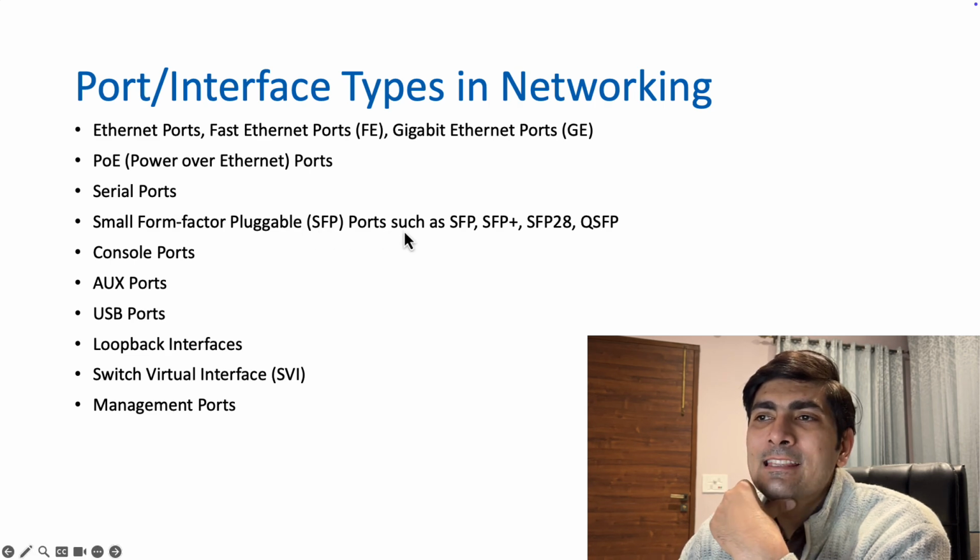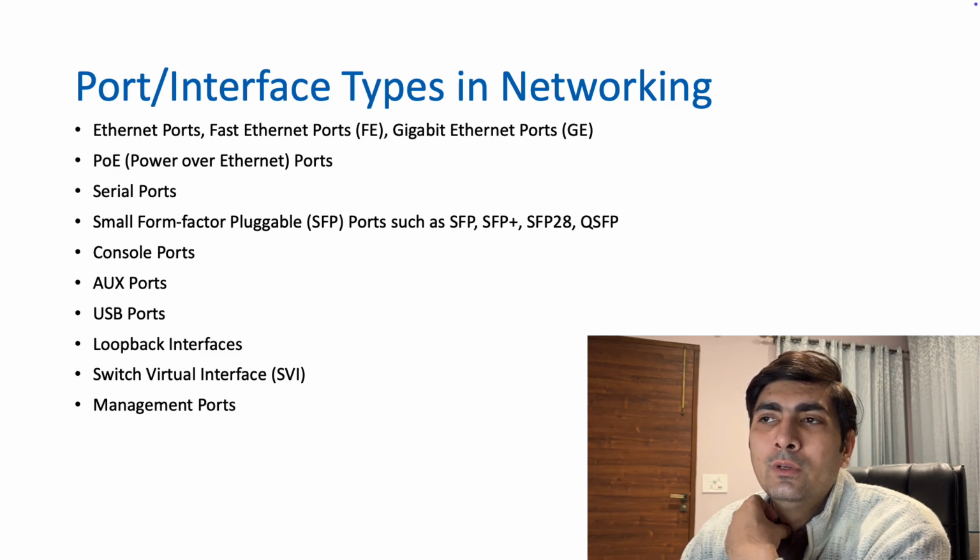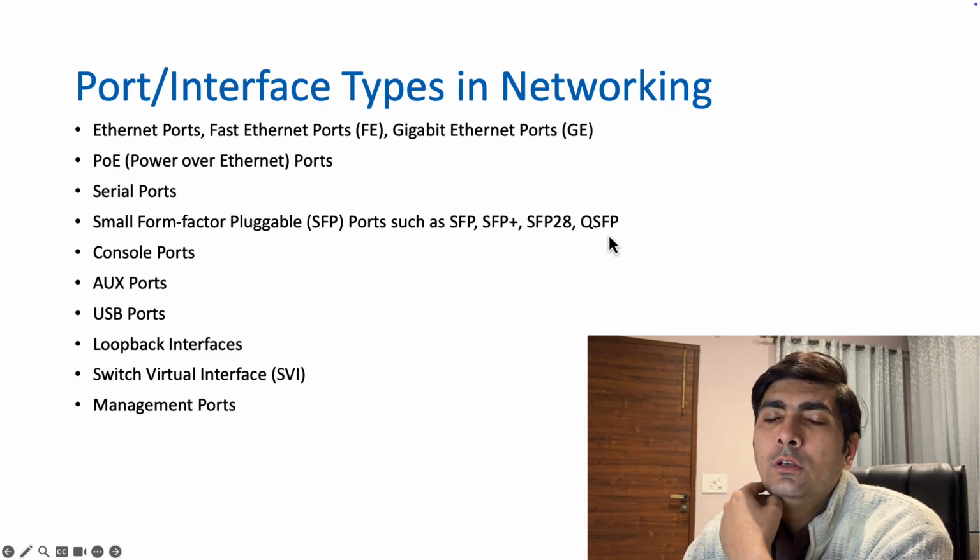SFP initially supported only 1 Gbps. Then came SFP Plus. It had support of up to 10 Gbps. SFP28 means 25 Gbps of support. QSFP provides support up to 40 Gbps and it goes till 100 Gbps.